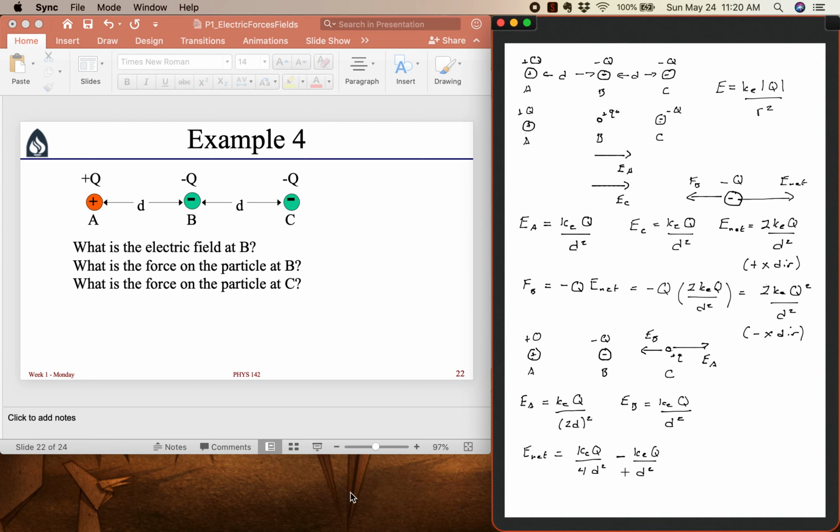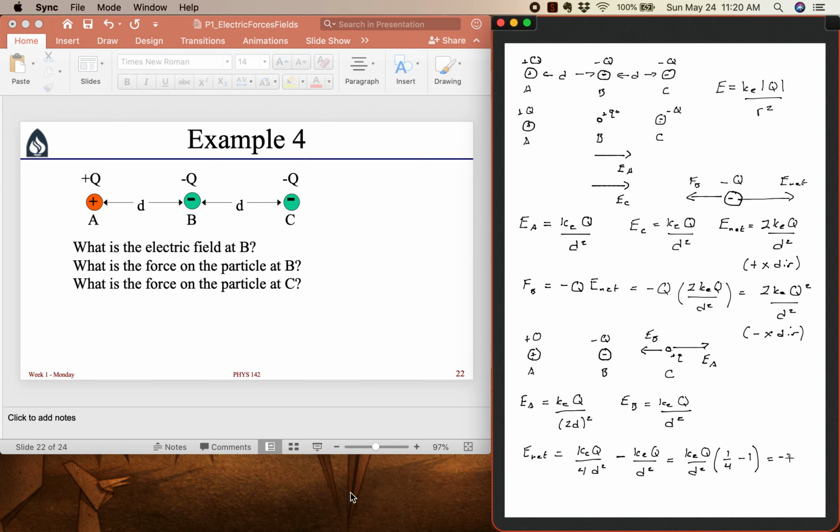So if I want to simplify this a little bit, what I can do is factor out a KeQ over d squared from each one of these two terms. If I do that, here KeQ over d squared multiplies a 1/4, and then here there is just 1. So 1/4 minus 1 is -3/4.